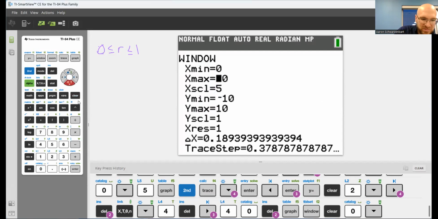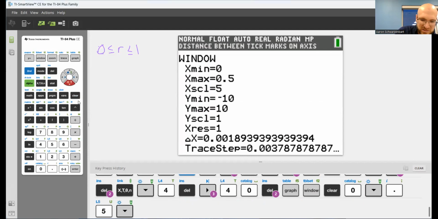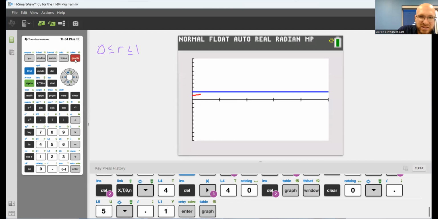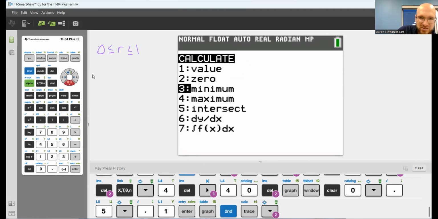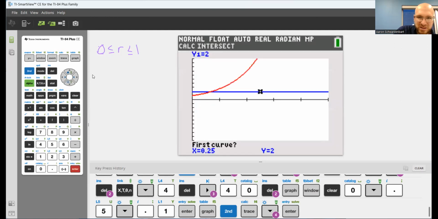My maximum, I think I'm only going to go to 0.5. And my y's should be fine to 10. So yes, it's less than 0.1. I'll find my intersection. Really important though to do when you're doing these that you get a view that looks right and shows you something.